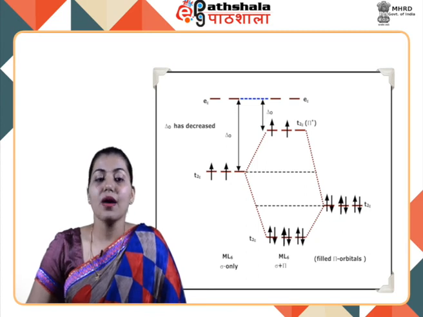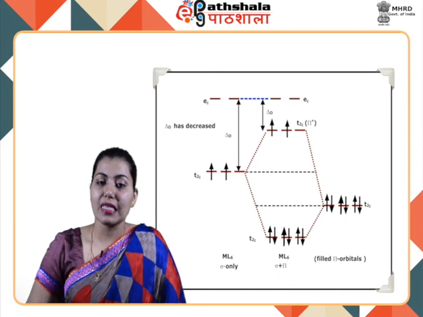The filled pi star or p orbitals on the ligands can give rise to ligand to metal pi donation, which then results in a smaller value of delta naught for the complex, whereas when we have an empty, higher in energy p or d orbital on the ligand, it results in metal to ligand pi donation, which then leads to an increase in the value of delta naught for the complex.